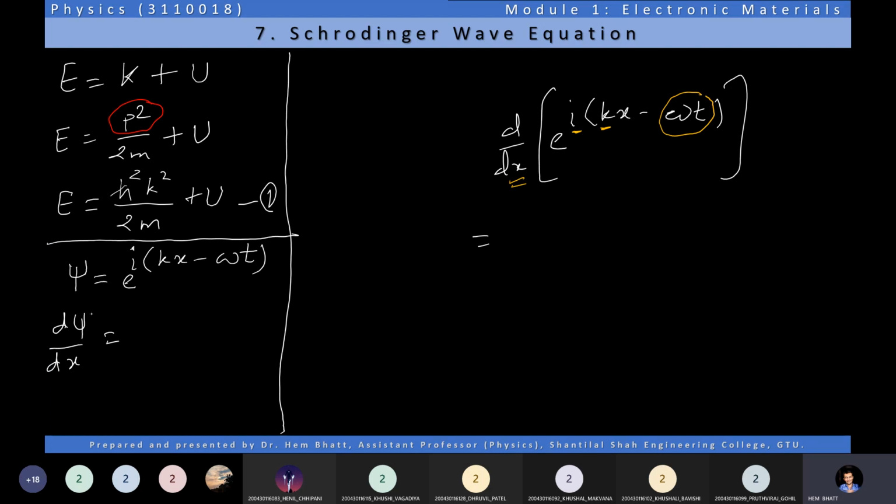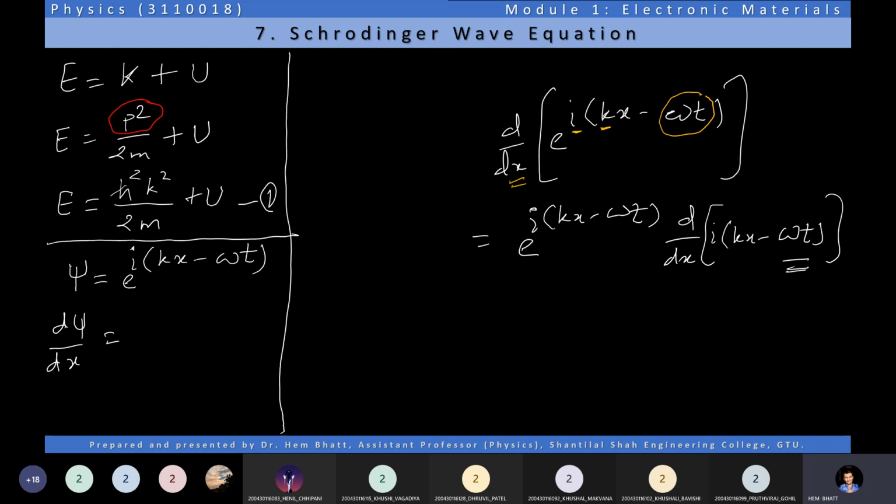So the differentiation will be like e raised to i kx minus omega t, and again differentiate i kx minus omega t.